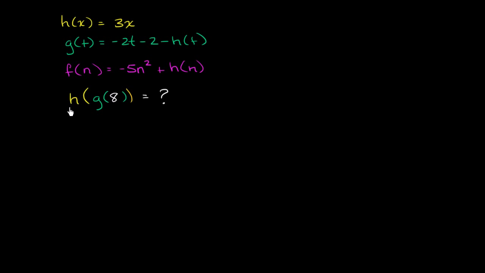And then we're asked to calculate what is h of g of 8. This can be very daunting, but we just have to remember that all a function is, is something that takes an input and gives you an output for it. This somewhat convoluted looking statement is another way of saying, look, we're going to take the number 8, and we are going to input it into the function g, and then that is going to produce g of 8.